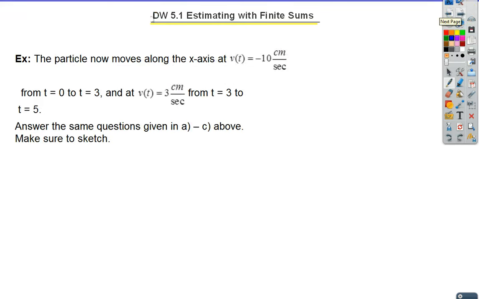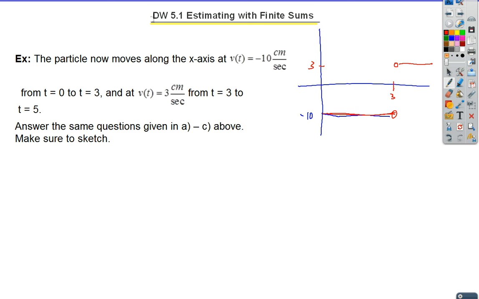I'm still going to have it moving at negative 10 centimeters per second, let's make that red, for the first 3 seconds, and then after that it's going to move at 3 centimeters per second. So there's my graph of that.